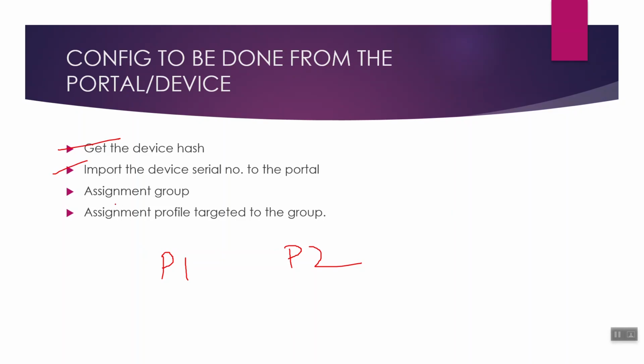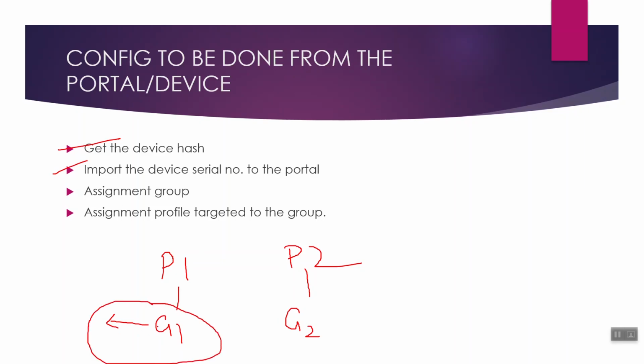Let's say with profile 1, I have associated group 1, and with profile 2 I have associated group 2. So I cannot use a dynamic group for group 1 with the query of ZTD ID, because then this group will contain all the Autopilot devices.